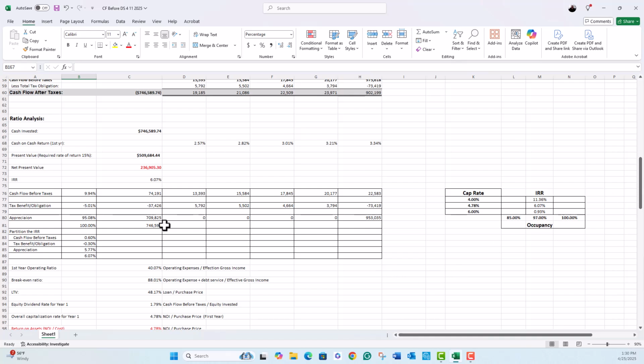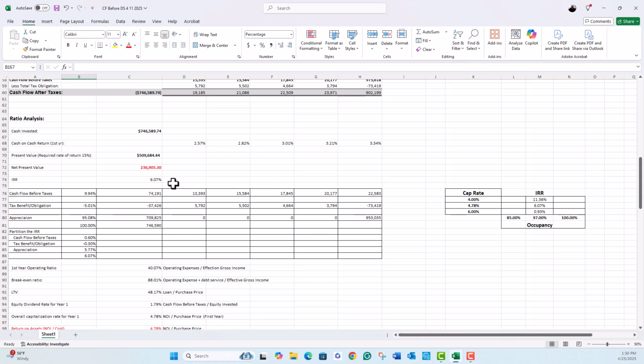As we talked about in the last section, we talked about the internal rate of return, and then we broke it down, partitioned it between the various components: cash flow before taxes, cash benefit or obligation, and the appreciation. And what we found out by doing that is the appreciation made up 95% of the total return, and that is amazing.